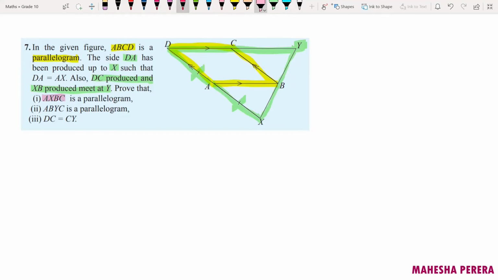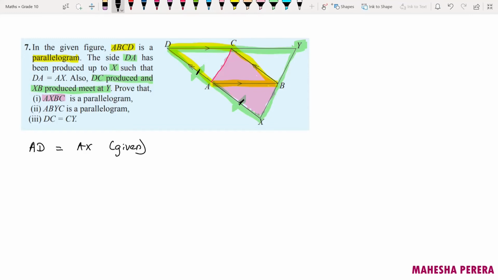Right. That means we need to connect A and C, right? Okay, now this is our quadrilateral that we are trying to prove as a parallelogram. Now it's given that AD equals AX, right?